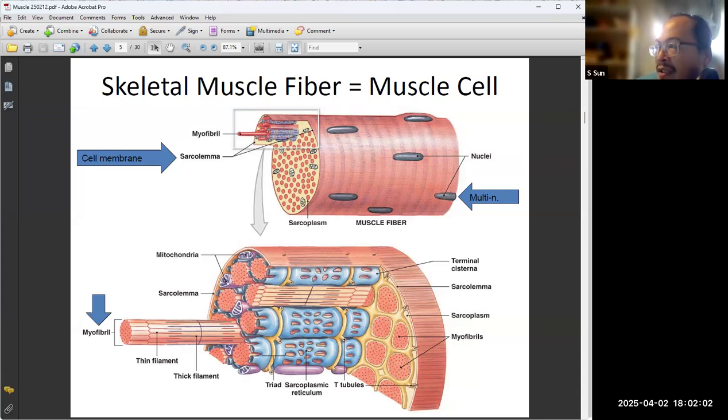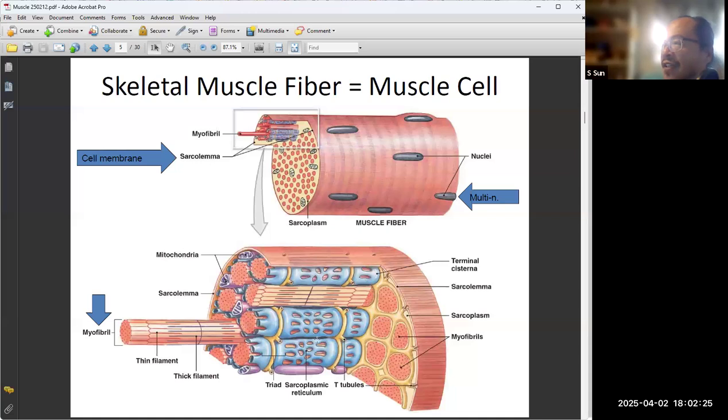This structure is called a triad. It's just the way to describe this interaction, the adjustment of the sarcoplasmic reticulum and the T-tubule. So that's that.